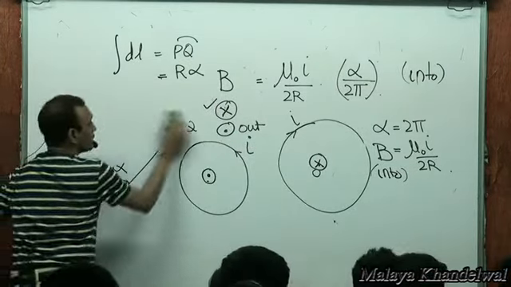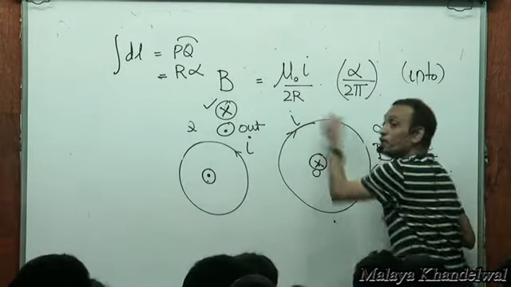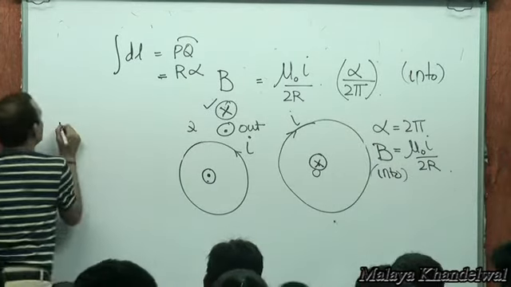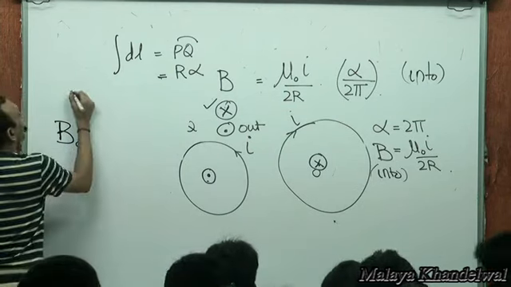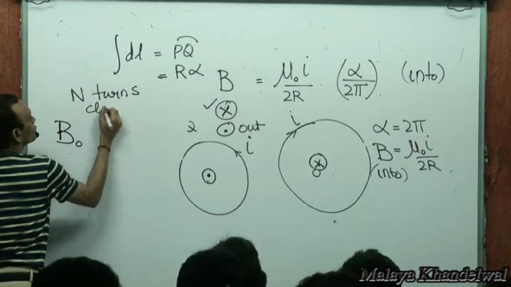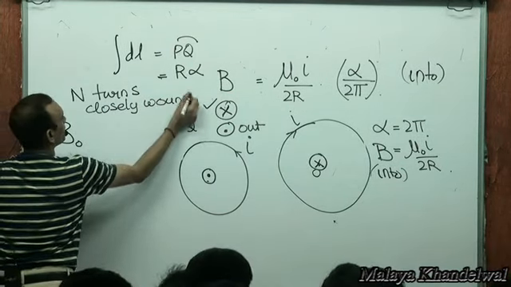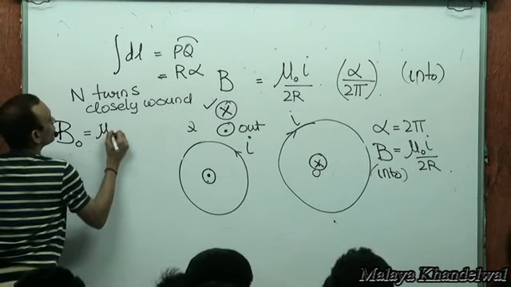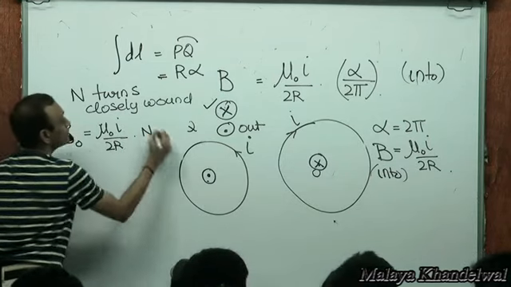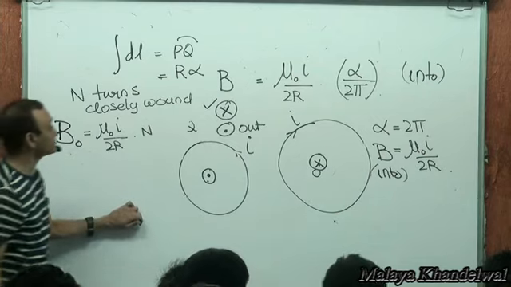Now, in case there were n closely wound turns of this loop, then the magnetic field at O is going to become mu naught I by 2r into the number of turns that were closely wound, right?